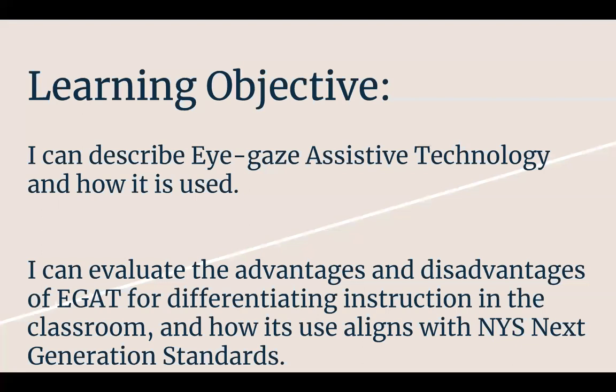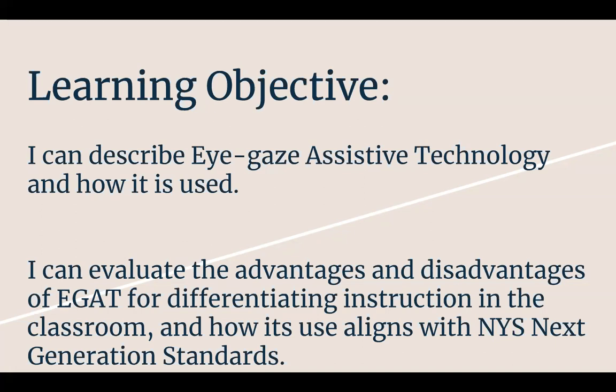Our learning objectives will be: I can describe eye gaze assistive technology and how it's used, and I can evaluate the advantages and disadvantages of EGAT for differentiating instruction in the classroom and how its use aligns with New York State Next Generation Standards.